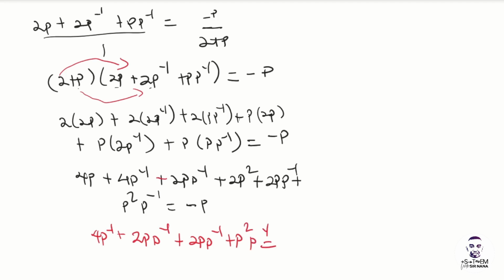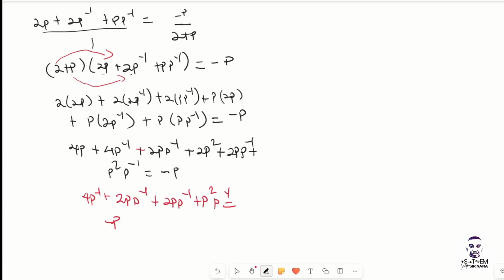Then we'll send all the numbers to the other side. So it's equal to minus P minus 4P here. So here's minus 4P. And then we also have plus 2P squared, right? So that is what it gives us here. Then once we've been able to factorize, let's factorize the P inverse out.